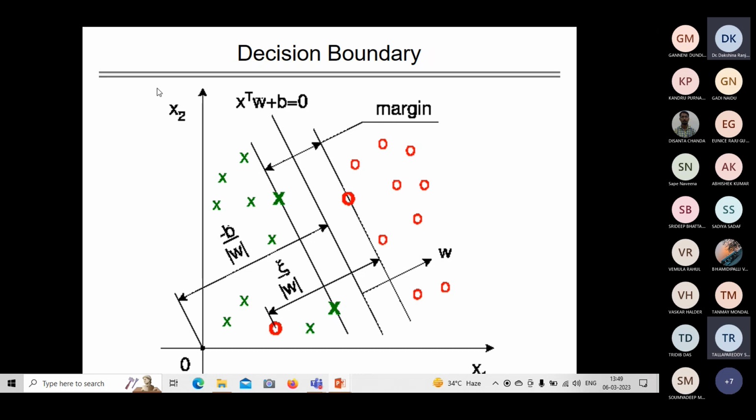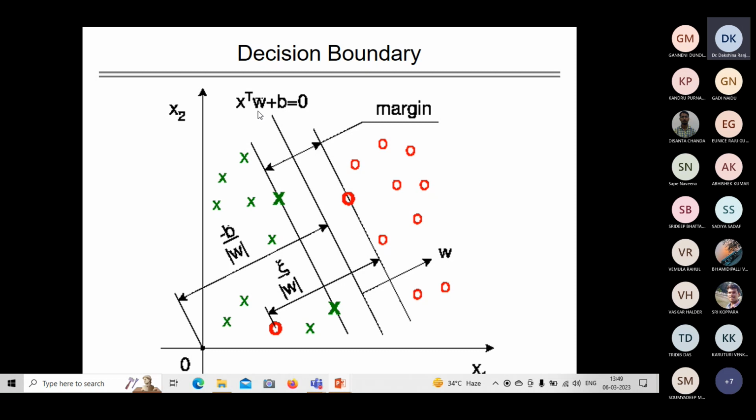Similarly here we have W transpose xi plus b equals 0. So we get the distance from any non-informative or informative observation as W transpose xi plus b divided by root under W square.